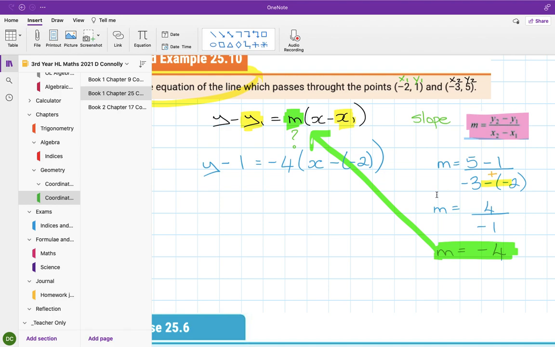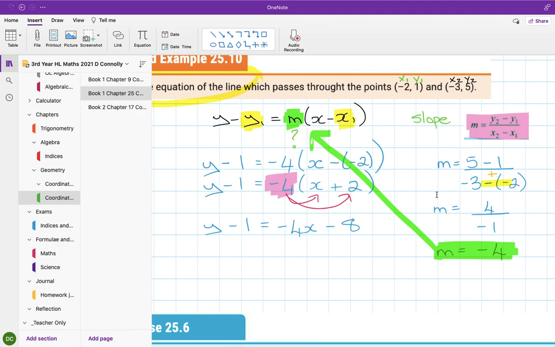So then we have y minus 1 equals, I'm going to deal with the double minus in the bracket before I try and multiply, because I just don't want to confuse myself. So I'm going to do minus 4 and then turn the two minuses into a plus. Now I'm going to multiply it here and here. So y minus 1 unchanged, minus 4 multiplied by x is minus 4x, and minus 4 multiplied by plus 2 is minus 8.